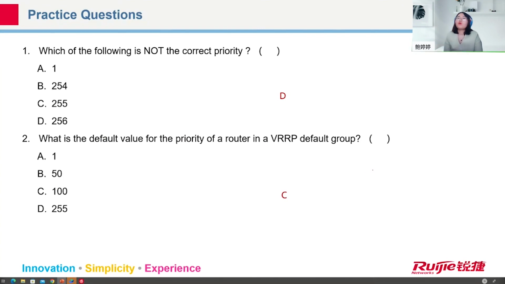The default value should be 100. Okay, so there are some default values. I think if you have a chance to deploy VRRP technology, and after the training, I will send the video to you in the project, and you can see the video.